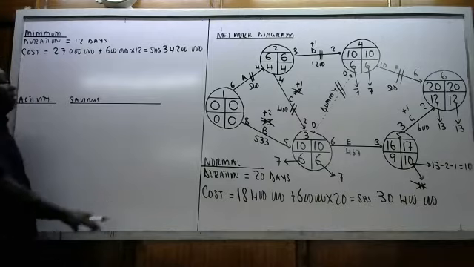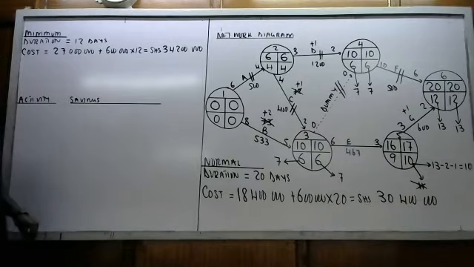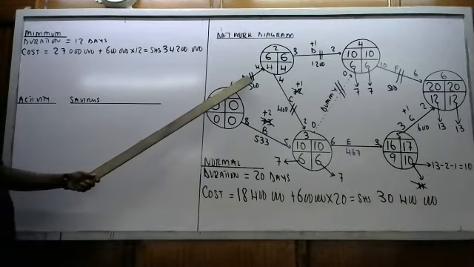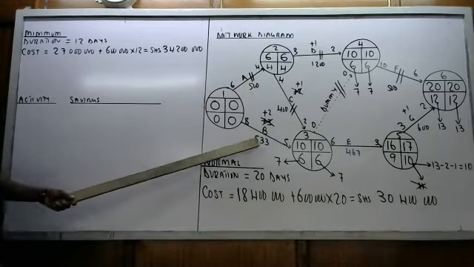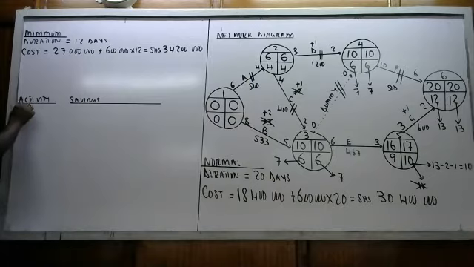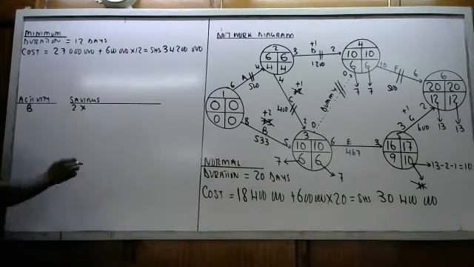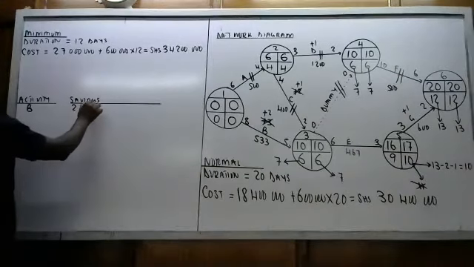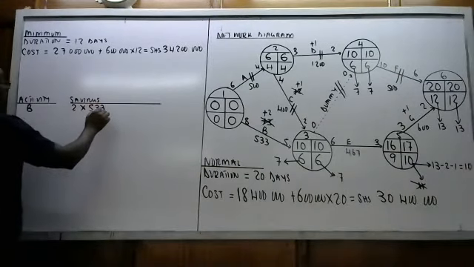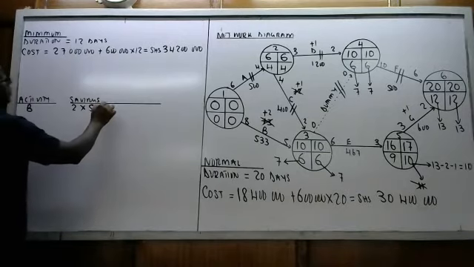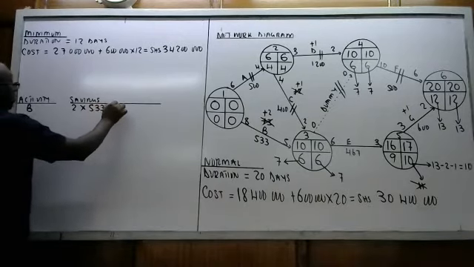With that, we now come and do the savings. For A, we have not added anything, but for B, we have added 2 days. Let's put it in full.